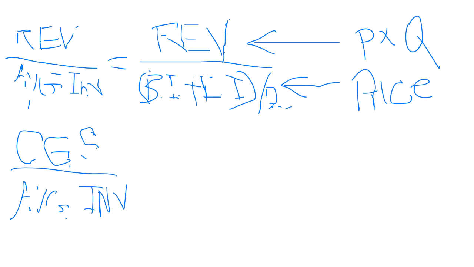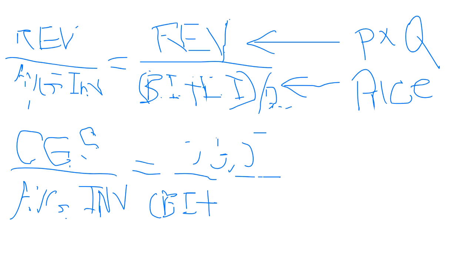And then once again, average inventory is beginning inventory plus ending inventory. I didn't have to spell it out, but I did. Divided by 2.